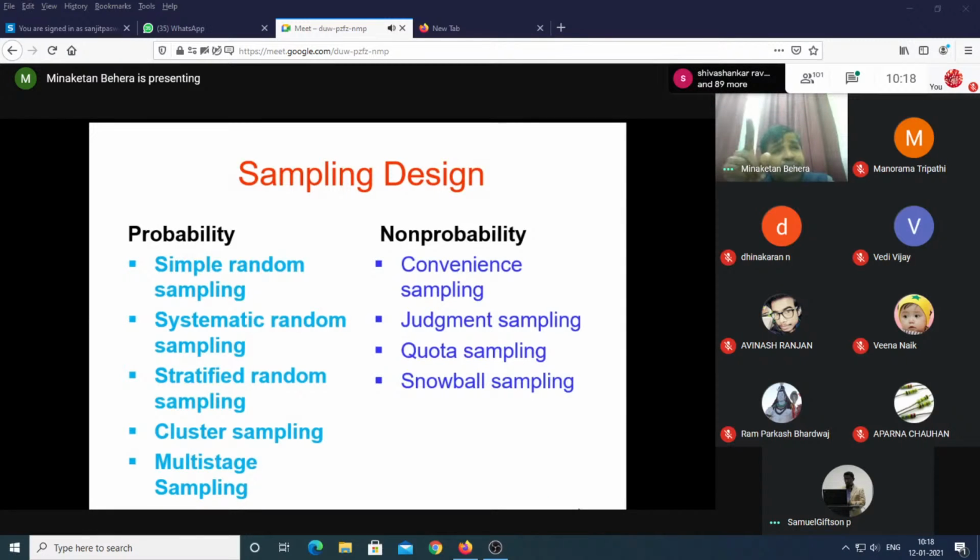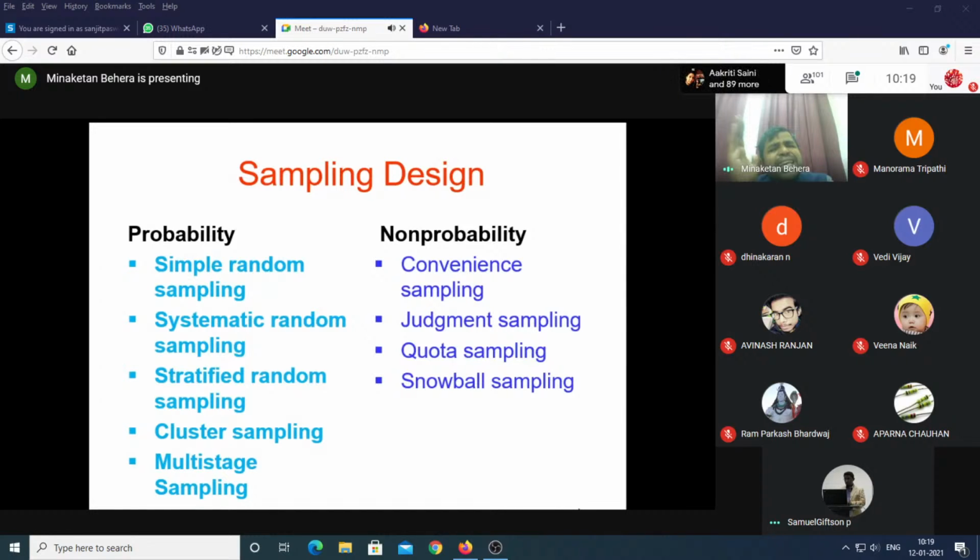And if you select the sample you want, your objective is to find out the average salary of the staff or professors working in Jawaharlal Nehru University. So you do a survey and you select all the sample.